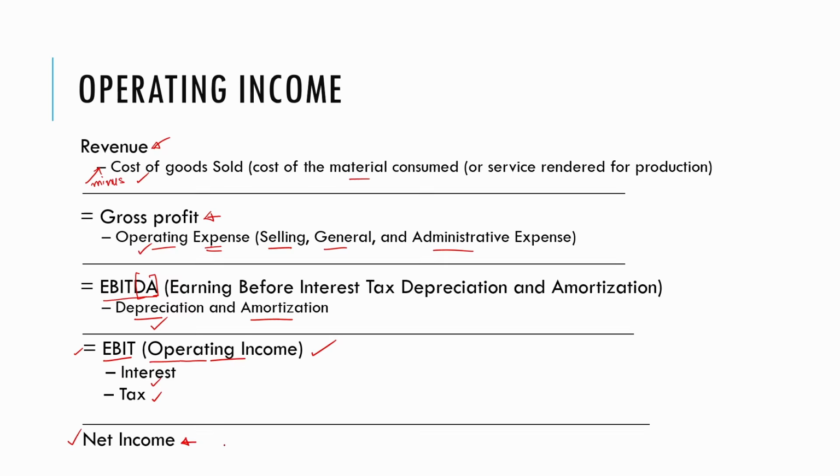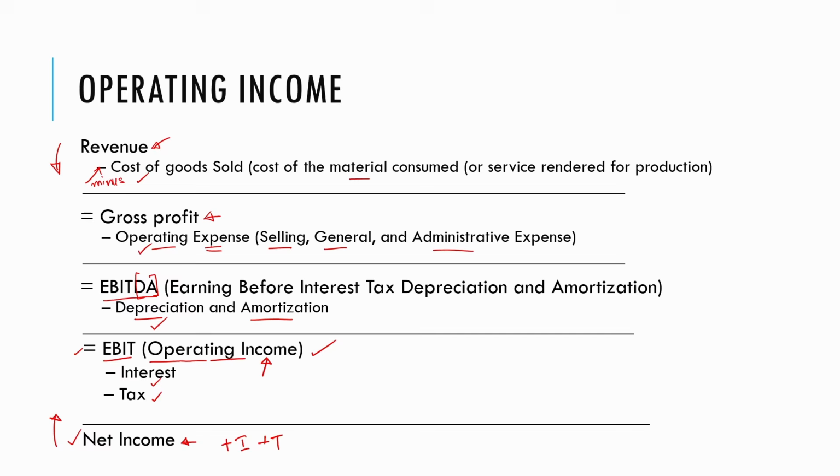That means if you add the interest and the tax to the net income, that will give you the operating income. This is called the bottom up approach of getting operating income, and the other is the top down approach. If you are calculating from revenue, it is top down, and if you are calculating from net income, that is bottom up. So in this way operating income is calculated.